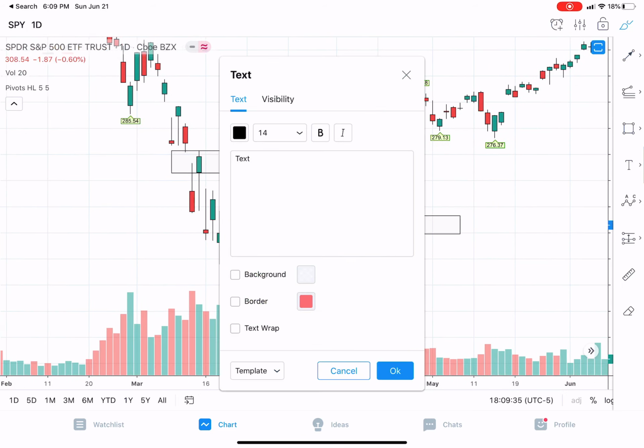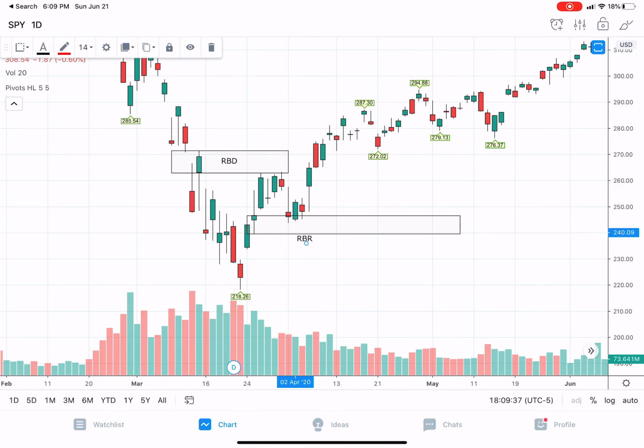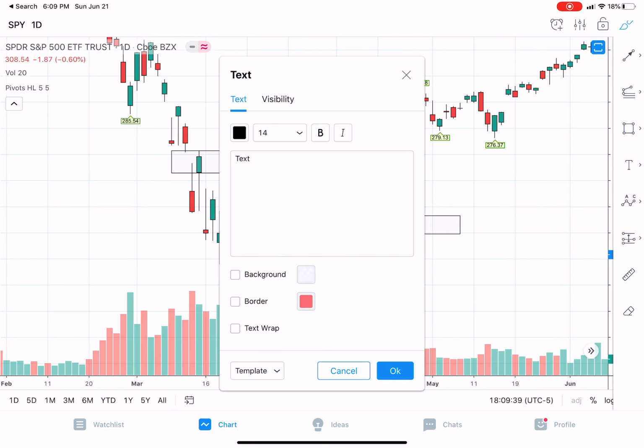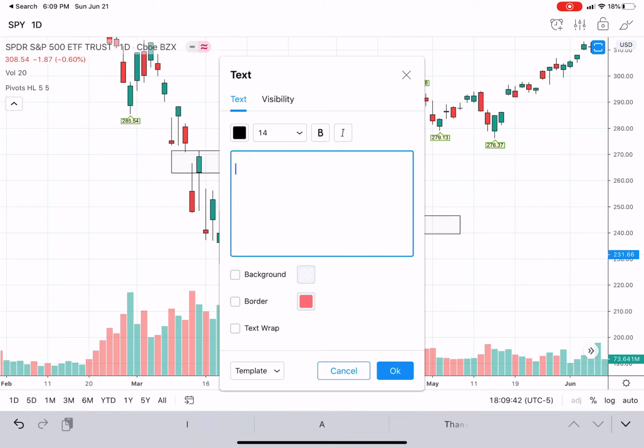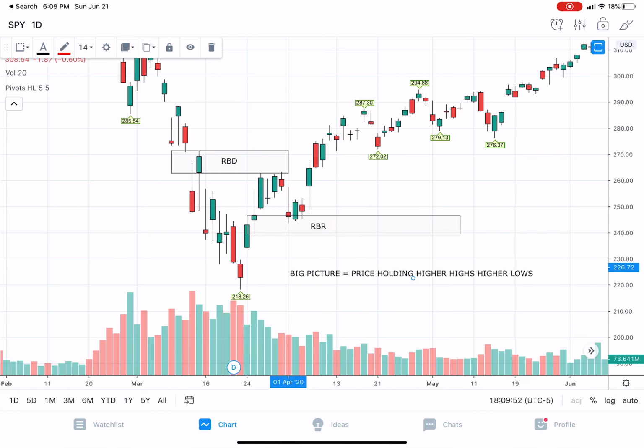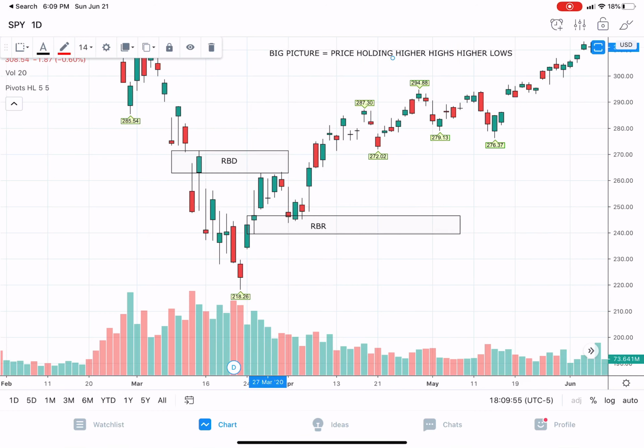I'll call this a rally-based rally. Keep in mind, big picture, price is holding higher highs, higher lows. So let's keep that big picture in mind.